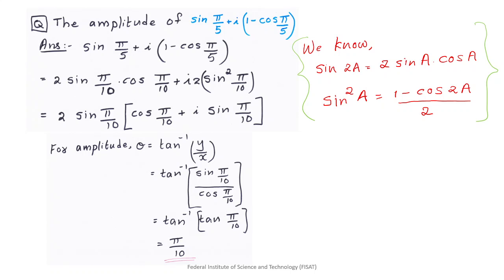So sin pi by 5 equals 2 sin pi by 10 cos pi by 10. 1 minus cos 2a is replaced with 2 sin square a, so 2 sin square pi by 10. So the amplitude is represented as tan inverse y by x, sin pi by 10 by cos pi by 10. You will obtain tan pi by 10. So tan inverse tan theta equals theta. The answer is pi by 10.